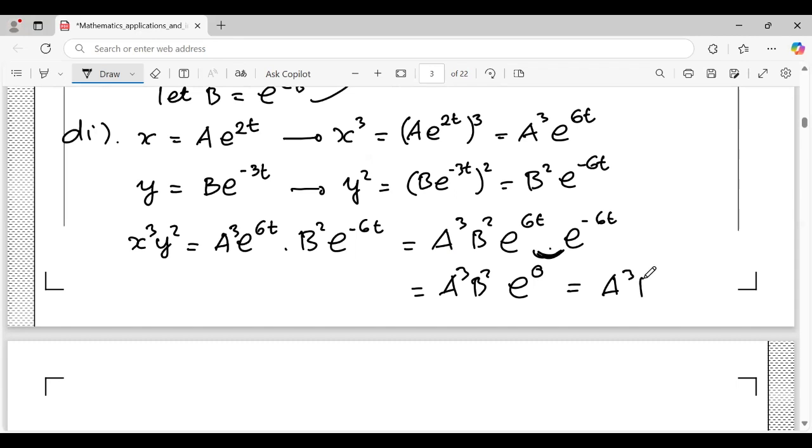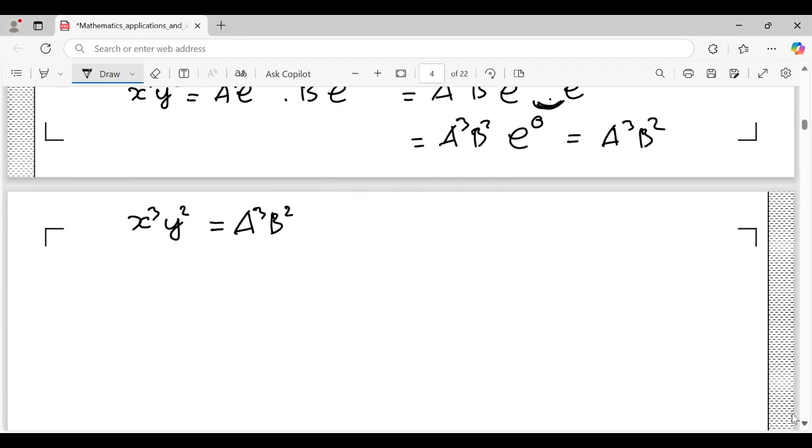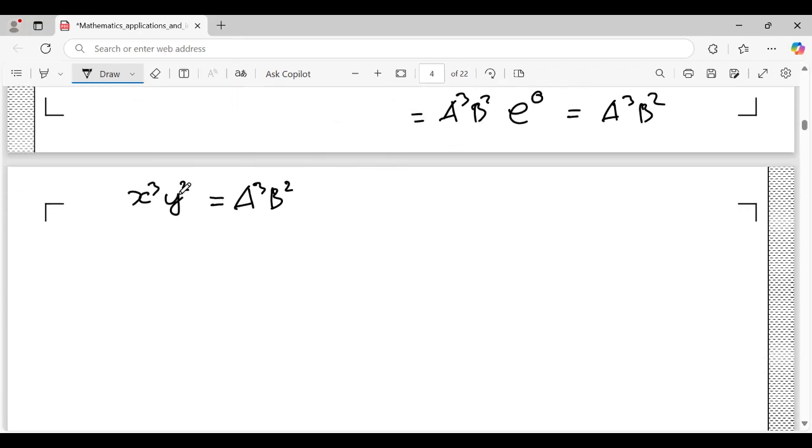So x cubed y squared is a cubed b squared, and it is a positive constant k. So k equals a cubed b squared.